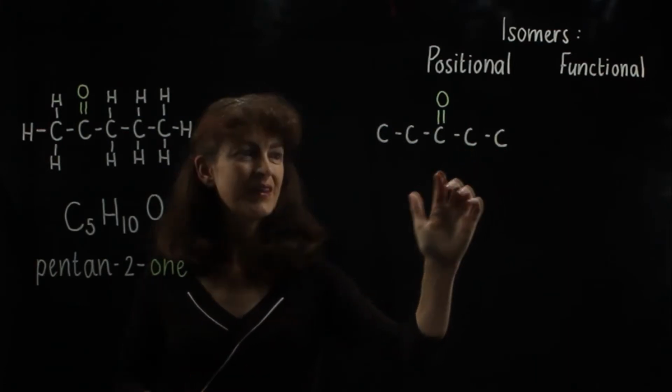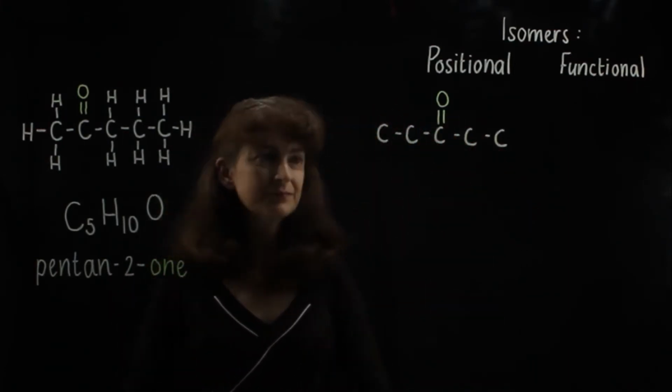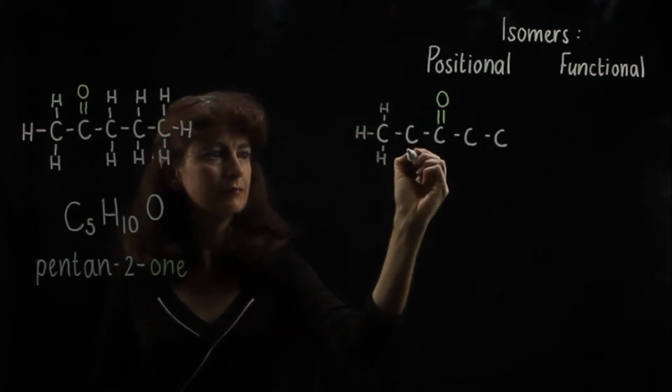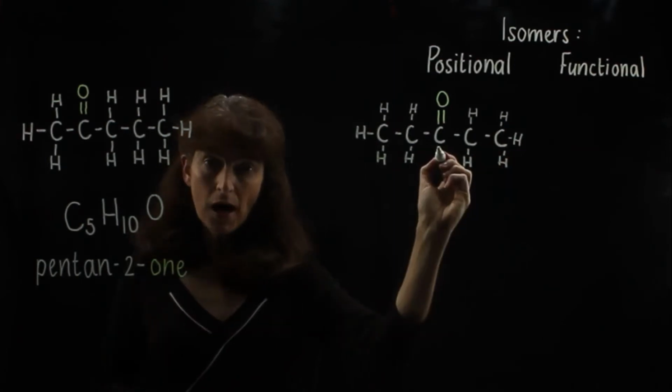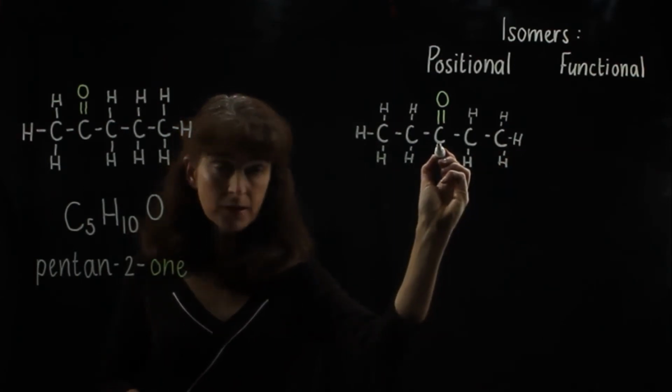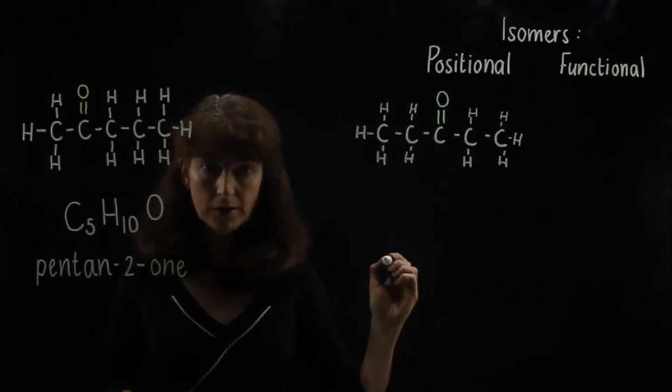1, 2. Obviously here we still need to add in the hydrogen atoms. No hydrogen atoms are bonded to this carbon because it already has 1, 2, 3, 4 bonds.